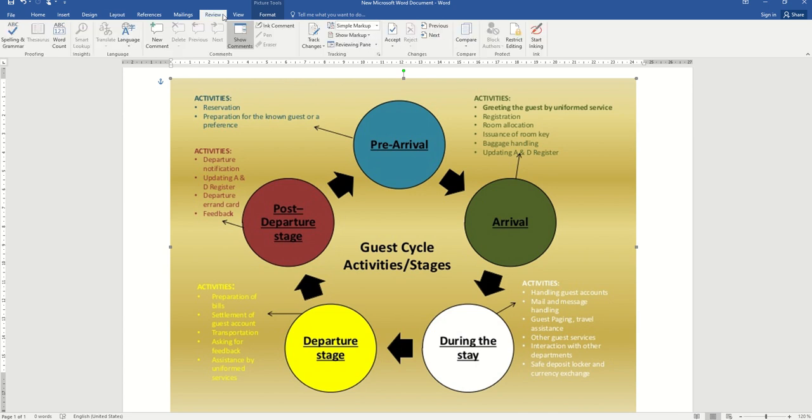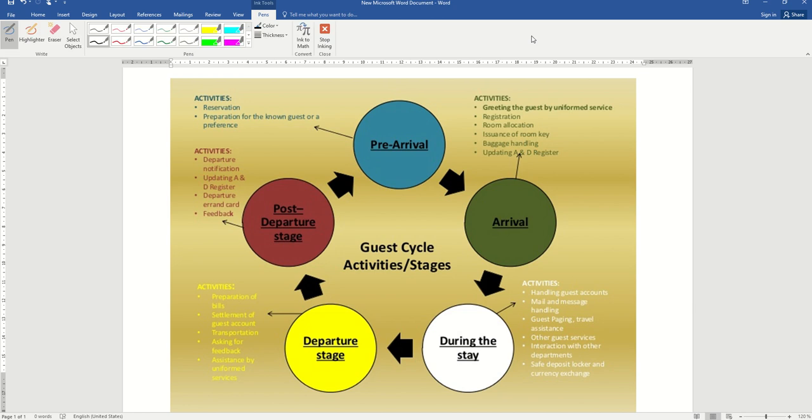Yes, the first step is pre-arrival. Pre-arrival before checking in, before staying in the hotel, right? Pre-arrival, and the lesson that I have it here is about the reservation.